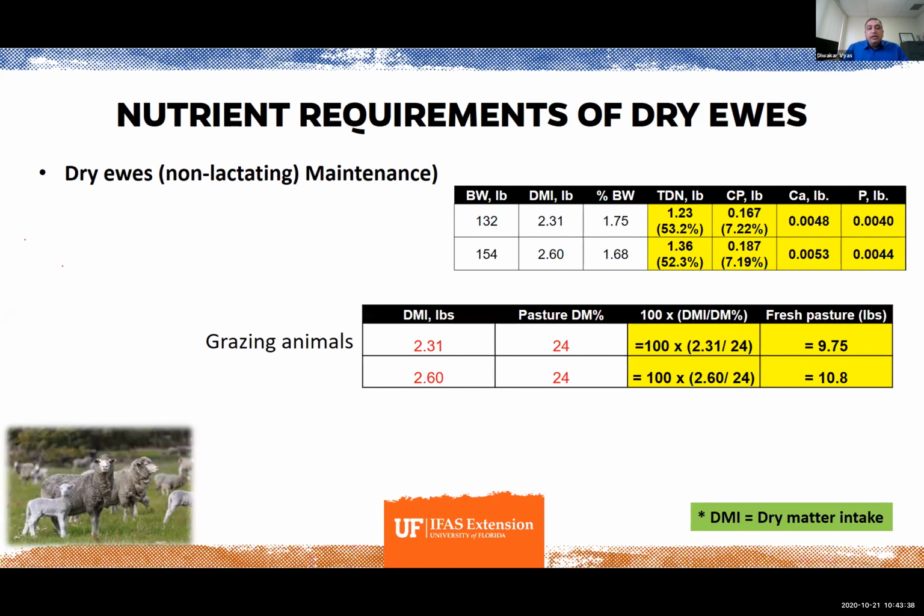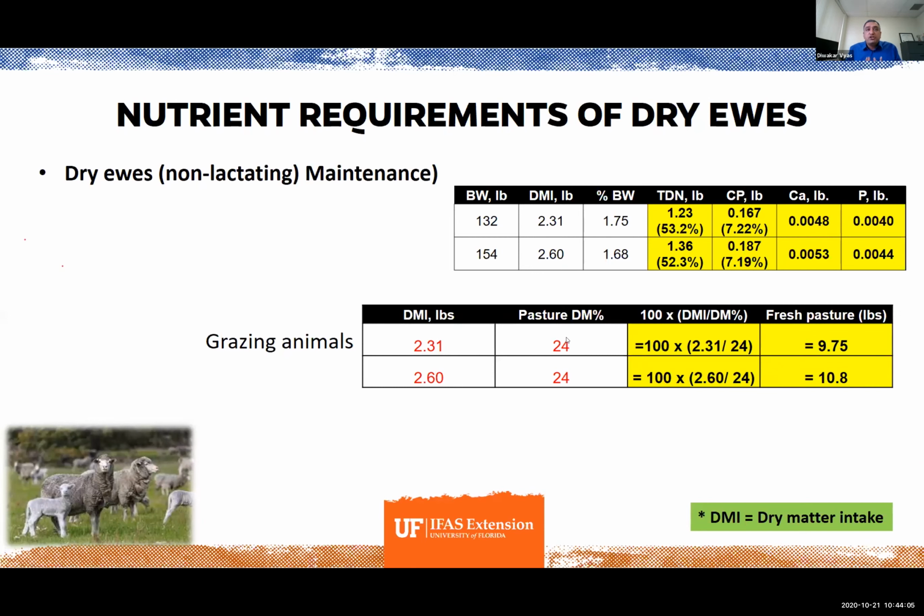For example, they are grazing a pasture, and the pasture has a dry matter of 24%. This 2.31 pounds of dry matter I got from here, for 132 pounds body weight. And the pasture is 24%.